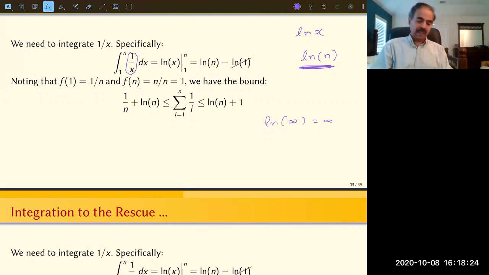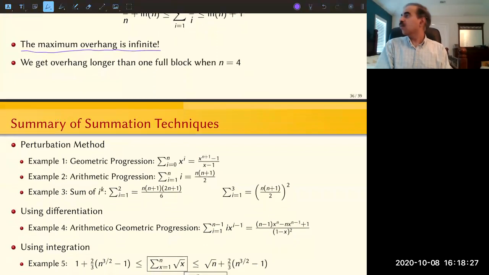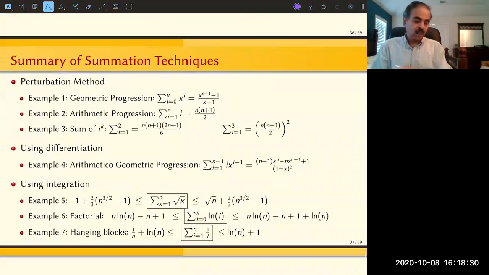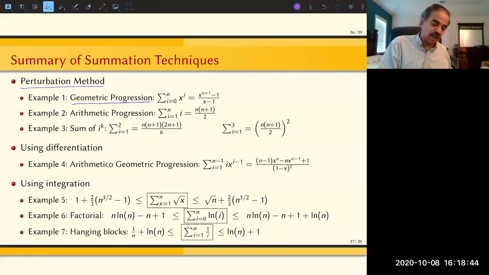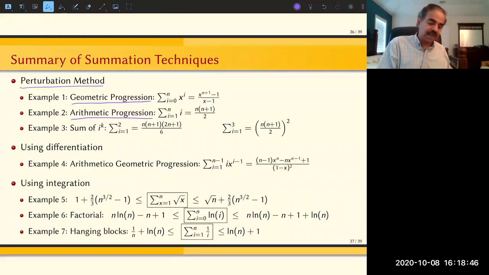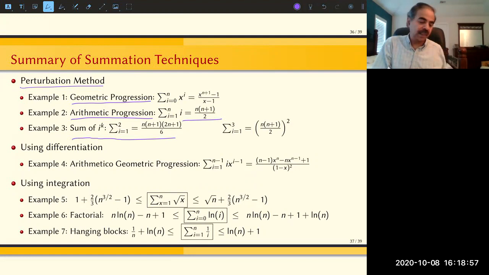Okay, so that's sort of where I want to stop today. To summarize what we did, in the last lecture, we were focused mainly on the perturbation method, which we used to show how to deal with geometric progression, arithmetic progression, which is just the sum of 1 plus 2 plus 3, and this one is the summation of squares, and this one is the summation of cubes, right?